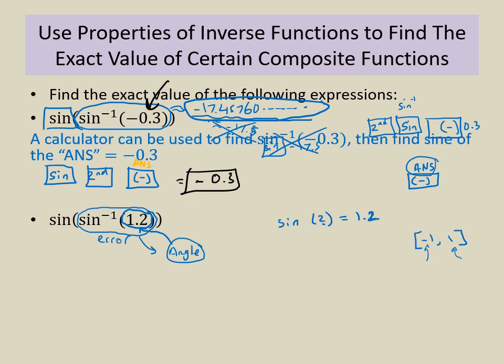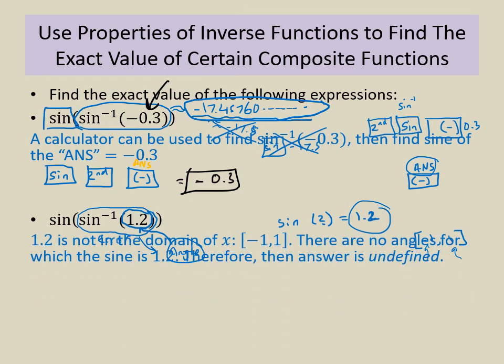So there is no angle whose sine is 1.2. So what is the sine of the inverse sine of 1.2? That is undefined. Hope this makes sense. Let's meet again in part 2 of section 8.1.